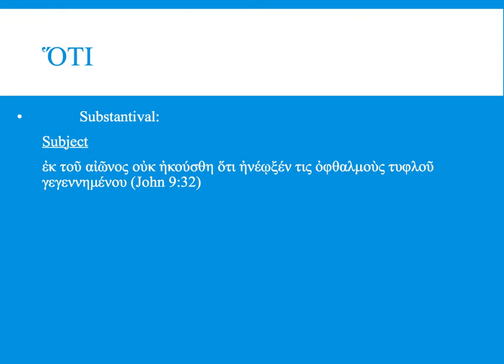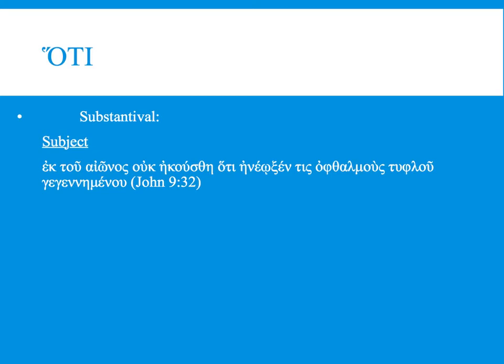Hoti. So as we noted, what I'm going to do is go through one by one the hoti examples there and just give you some Greek examples to maybe make sense out of how to figure that out. So we begin with substantival uses of the hoti, and you'll notice that was our biggest category. The first substantival use of the hoti that we want to talk about is subject.